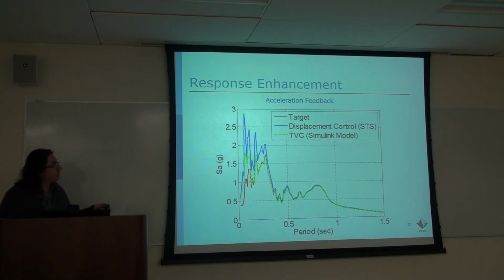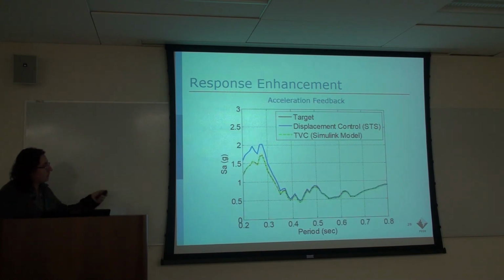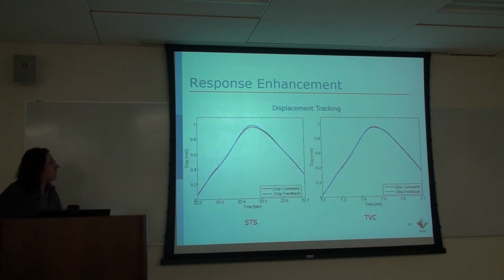So when we run the TVC, we see that the response spectrum of the measured accelerations improve, and they get much closer to the target. And specifically in this range, they are matching almost perfectly, and the transfer function is equal to 1. That is the tracking in terms of accelerations.